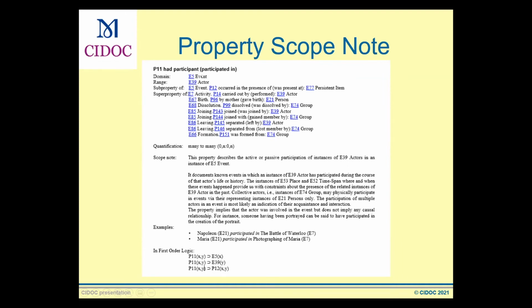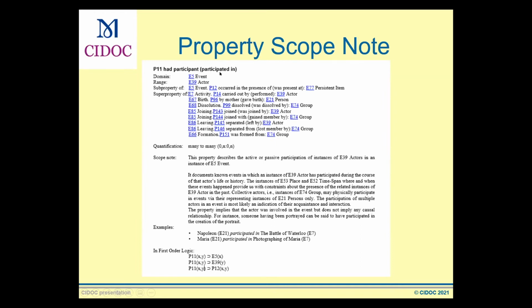An event is something happening in time, and an actor is somebody participating in that event. Actors can be individuals or groups in the CRM, and we'll look at some definitions like that in a little while, when we start looking at classes more particularly.